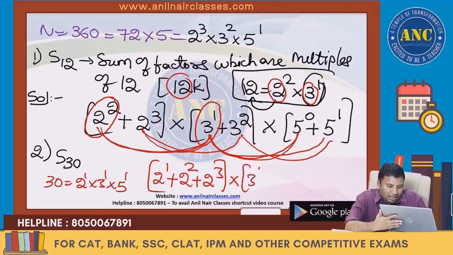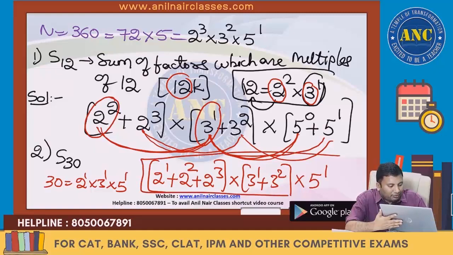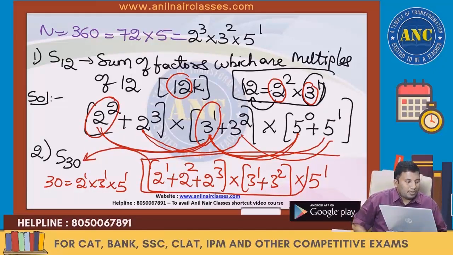Minimum power of 3 is 3 power 1, 3 power 2. There is restriction on 5 also, so 5 power 1. This is the answer for sum of the factors which are multiples of 30.